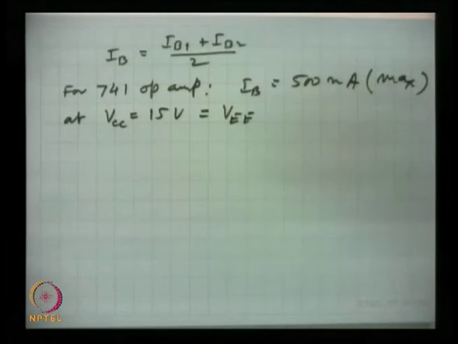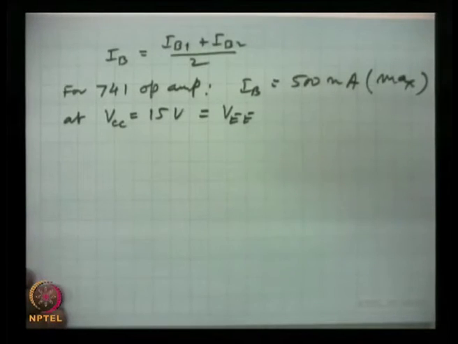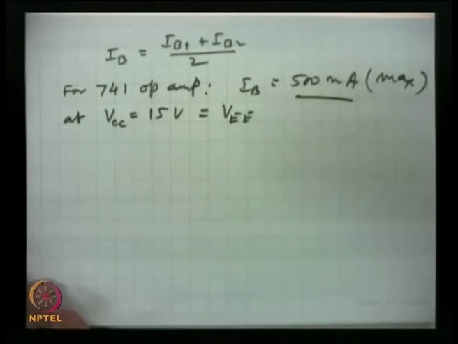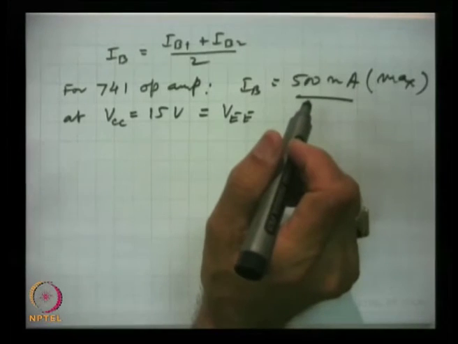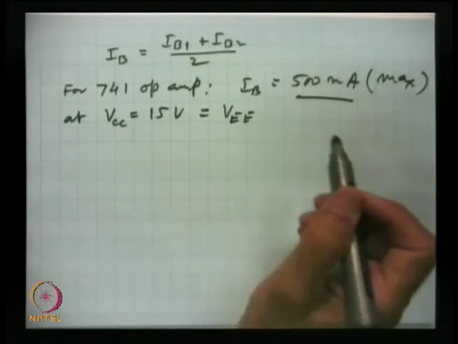When both voltages are plus 15 and minus 15, then the maximum input base current is 500 nanoamperes. And so, we will see how corrective measures are taken regarding the errors which are created because of the finite base current in the absence of any input signal.